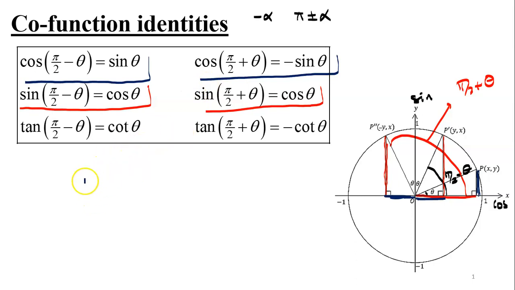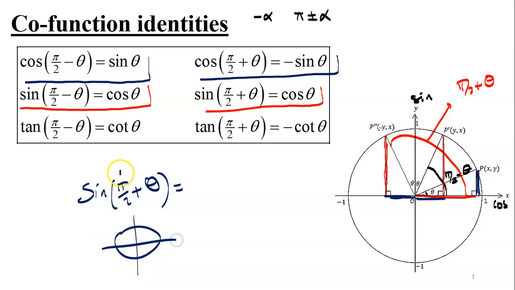So over here, for example, if I wanted to find sine of pi over 2 plus theta, I know for a fact that with pi over 2, the sine becomes a cosine of theta. I just need to determine if this is positive or negative. Similarly, pi over 2 plus theta is in quadrant 2, and I look for the sign relative to the original function.